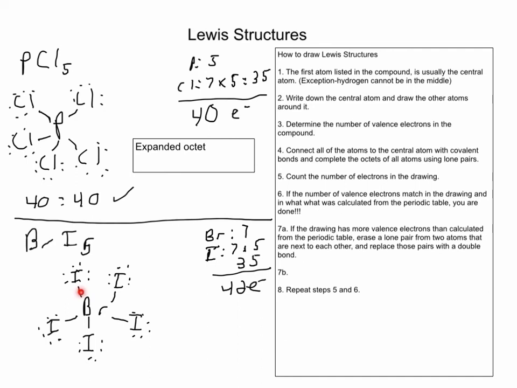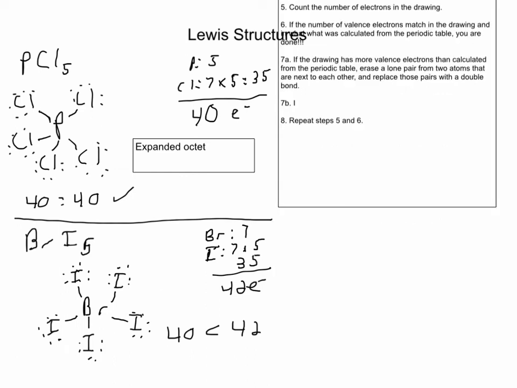So there are 2, 4, 6, 8, 10 electrons in the bonds. Each iodine has 6 electrons in the lone pairs. So in total, my drawing has 40 electrons. And this is less than the 42 that we had from the periodic table. So what do we do in this case?